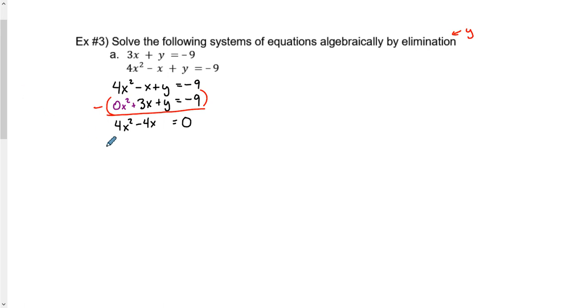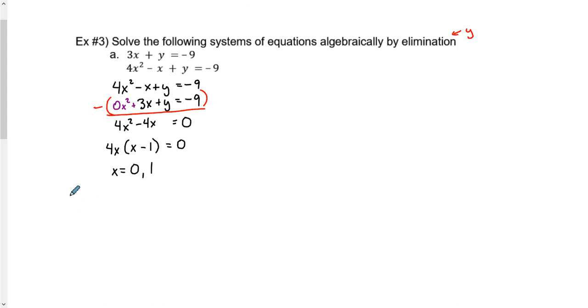Each and every single time, factor out our GCF. So we can factor out a GCF of 4x and be left with an x subtract 1. For x equals 0, when x equals 0, x minus 1 equals 0, add 1.